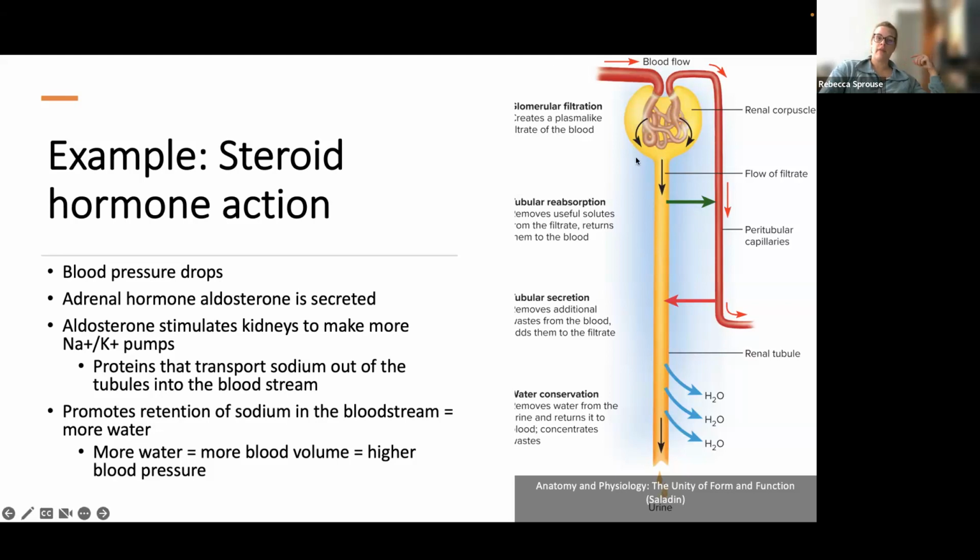And when we reabsorb that sodium back into our bloodstream, water is going to follow it. That's going to increase our blood volume, so the amount of blood that we have in these vessels. And as we increase volume, we're also increasing pressure. Okay, hang on to that concept. We are going to go over that a lot more when we get to blood vessels, blood pressure, and the cardiovascular system.